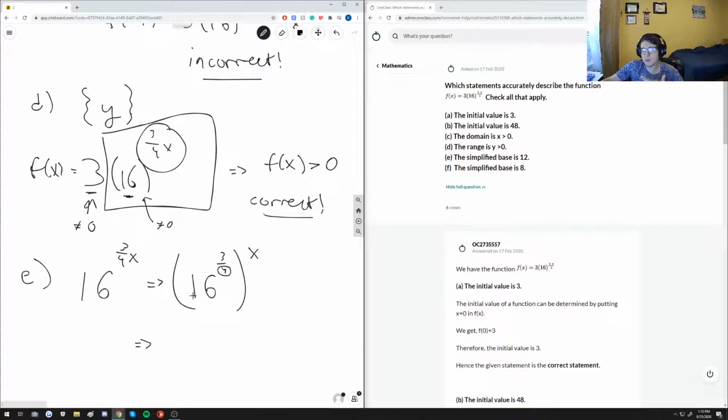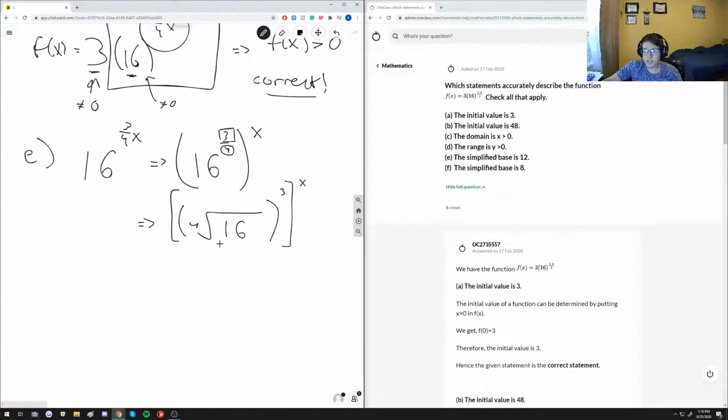So you would take the fourth root of 16, and then your numerator would be the exponent. So to the third power, and then this entire thing raised to the x power.